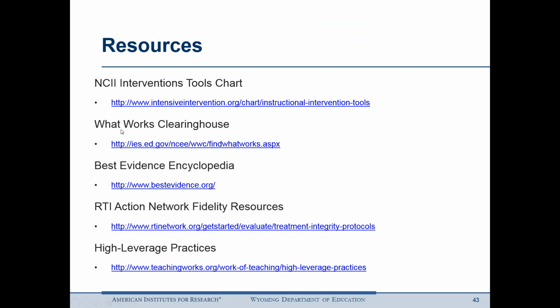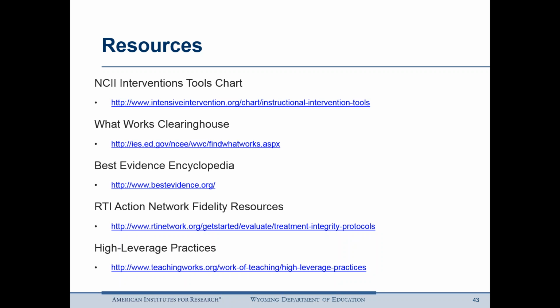There are a number of resources presented in this module and in your participant workbook that can help you in identifying evidence-based Tier 2 interventions. The National Center on Intensive Interventions Tools Chart is considered a leading resource in identifying interventions.